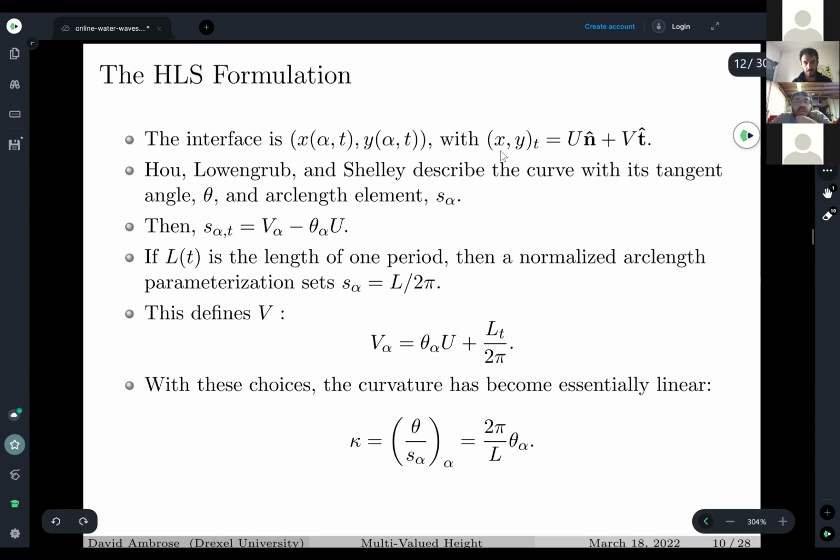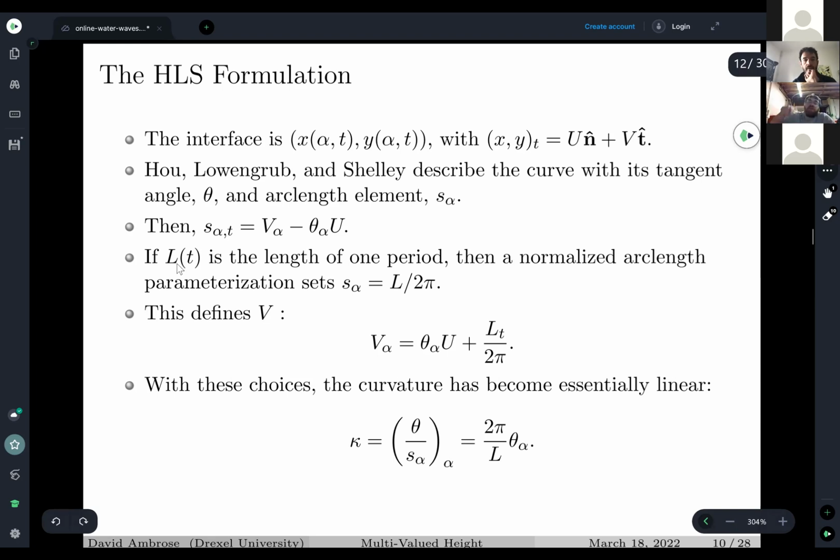So we have these Cartesian coordinates, but that's not what we're going to use. We're going to switch to the tangent angle and arc length element, so theta and s alpha. You can infer evolution equations for s alpha and theta from this evolution for the Cartesian coordinates, and s alpha t comes out to be V alpha minus theta alpha U. So you can compute that.